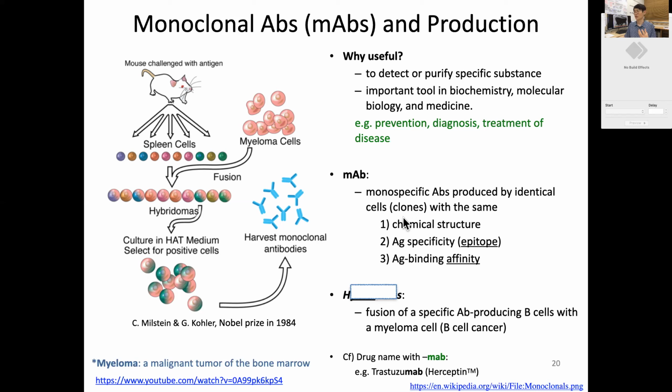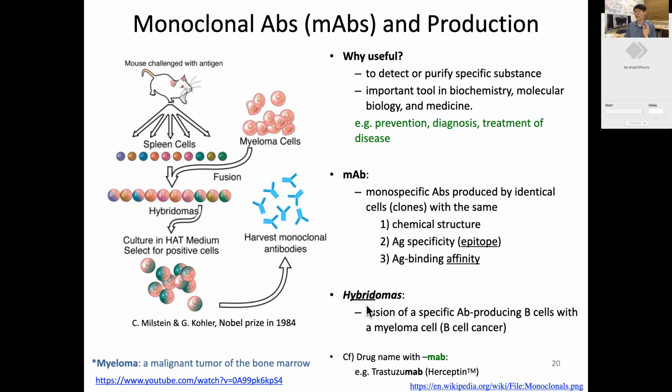So that monoclonal antibody will have exactly the same chemical structure, and the antigen specificity is exactly the same because of the same epitope. And of course, the antigen binding affinity will also be the same. So this fusion of a specific antibody-producing B cell with a myeloma cell, or B cell cancer, gives hybrid cells, and since oma means cancer, they are called hybridoma cells.